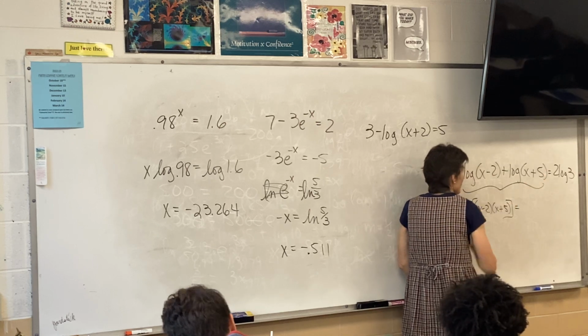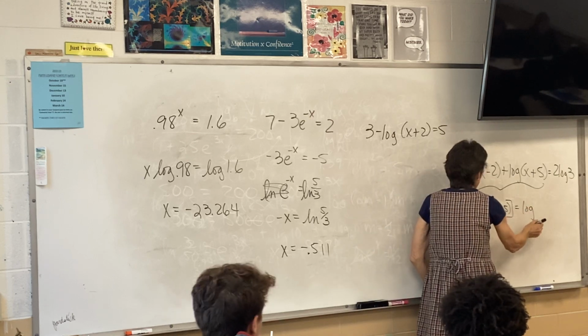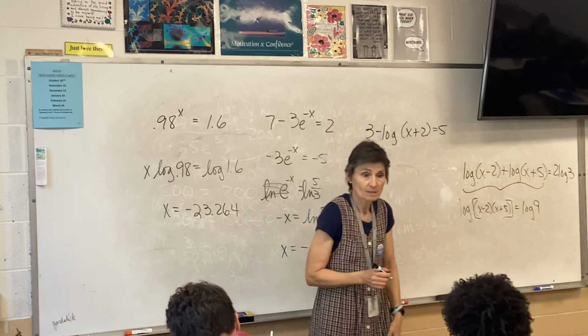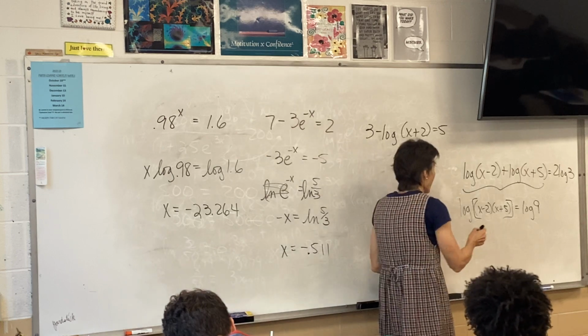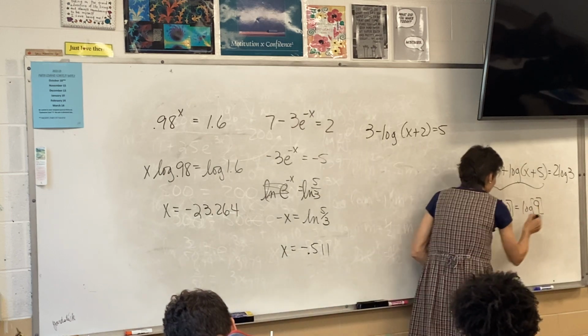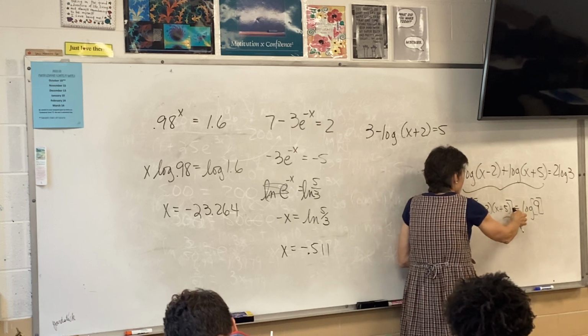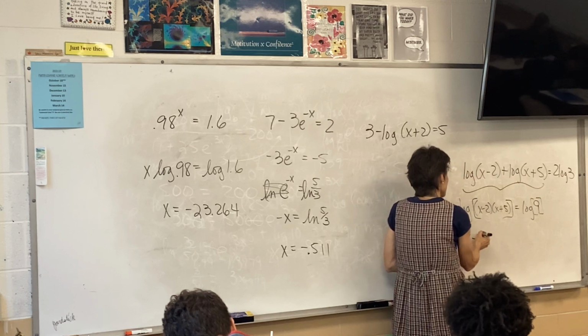And then what happens on the other side? It'll be the log of, it's not 8. This time it's 9 because it's 3 squared. And now, when I have the log of this equal to the log of this, I can set these equal to each other.